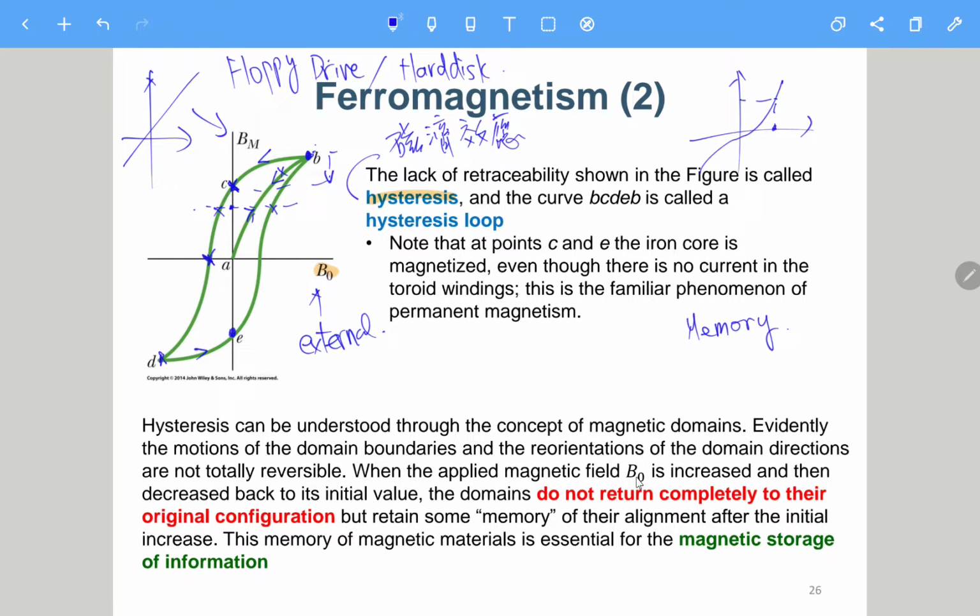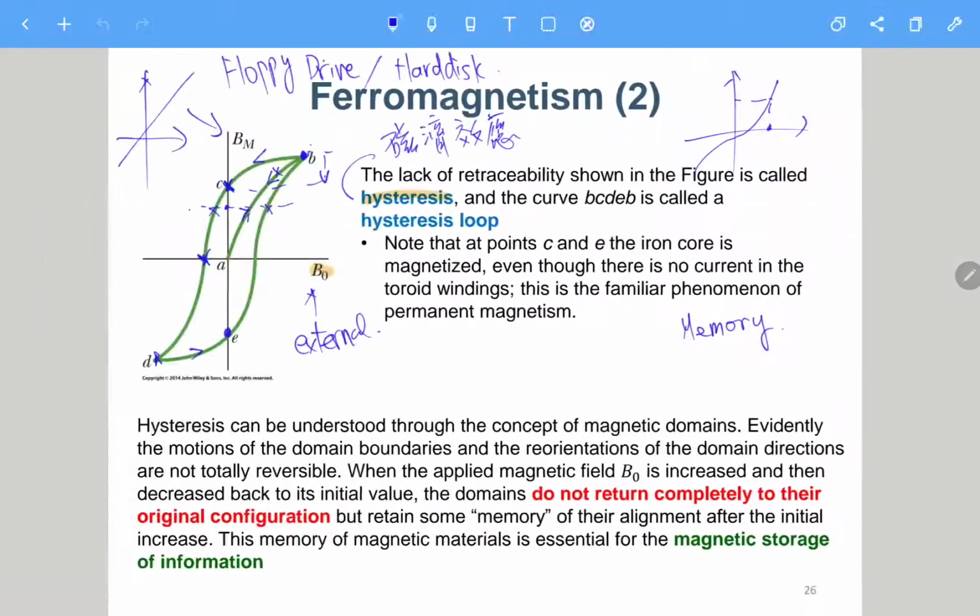When the applied magnetic field B increases and then decreases back to its initial value, the domains do not return completely to the original configuration, which means that from A to B to C, it does not go from A to B back to A, but retains some memory of the alignment after the initial increase. This memory of magnetic material is essential for magnetic storage of information, so for the floppy disk or the hard disk.